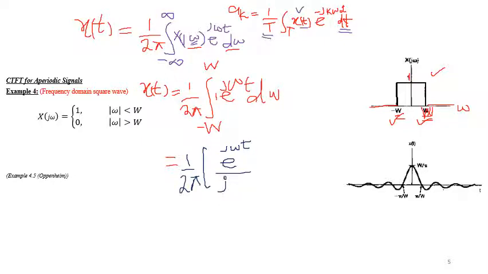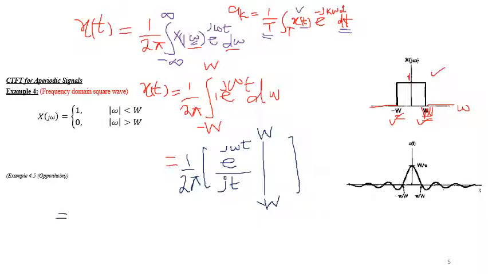Because the independent variable is omega. And what are the values of omega? They are minus capital omega up to capital omega. So these are the limits of integration.